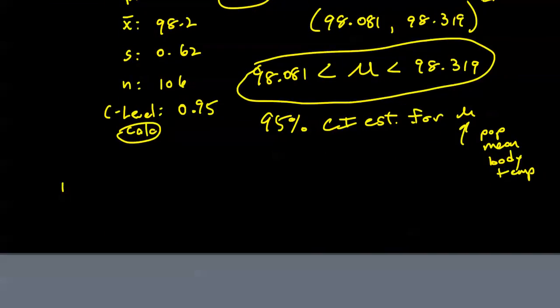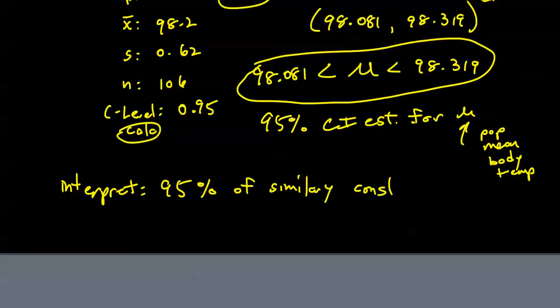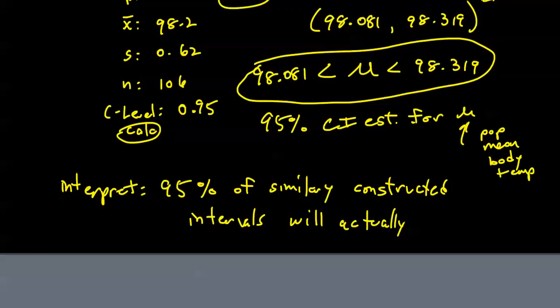And again, I'll add an interpretive statement here. I'll say 95% of similarly constructed intervals will actually contain mu. Okay?